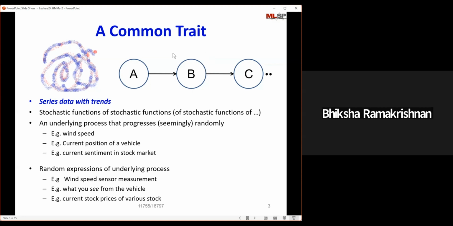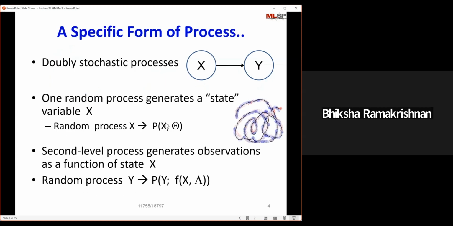But the random process had as its function the expected value, the output of the first random process. So this was a doubly stochastic process, where one random process generated a state variable x according to some time series distribution, and a second level process generated observations as a function of the state of x.